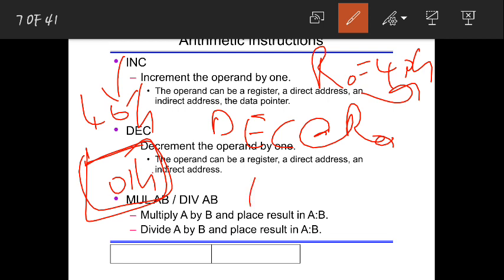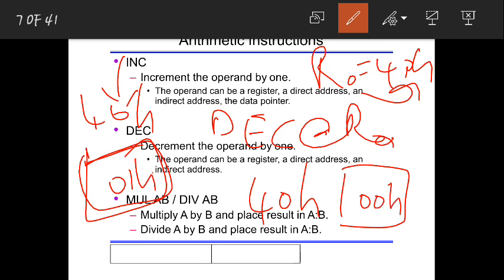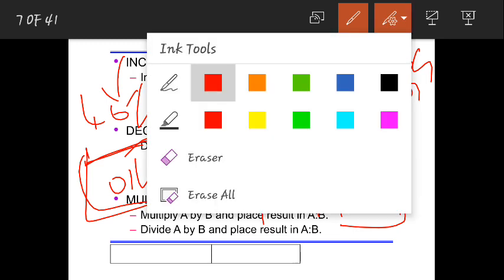That means after execution 40H will be equal to 00H. In this way the decrement instruction works.